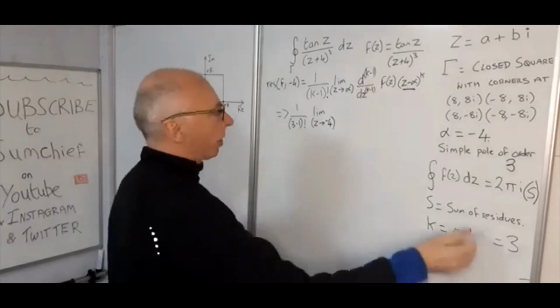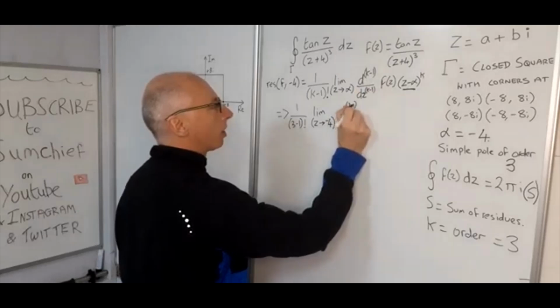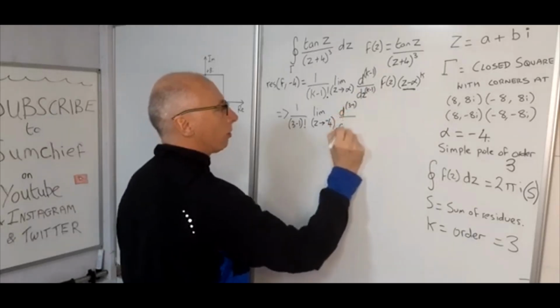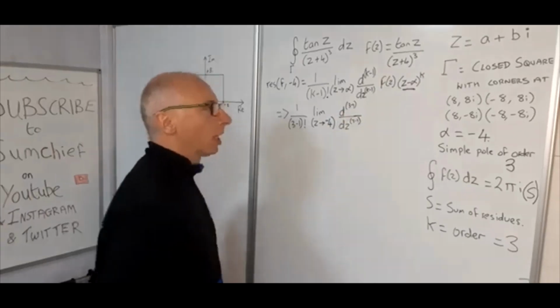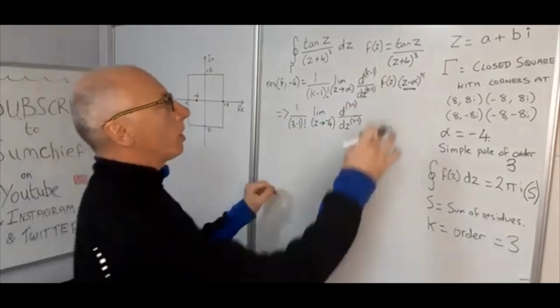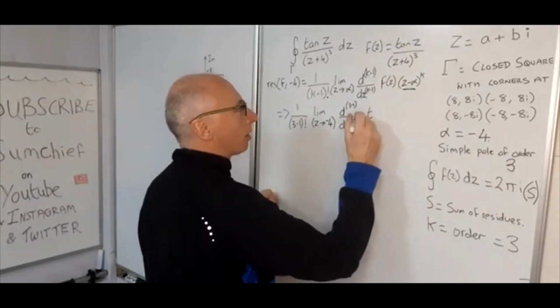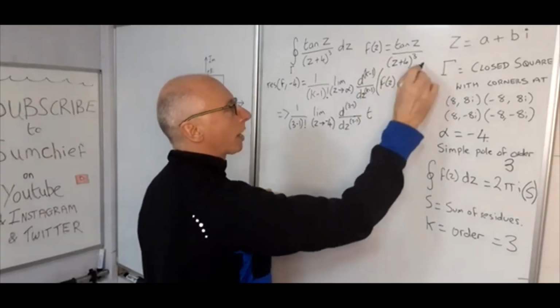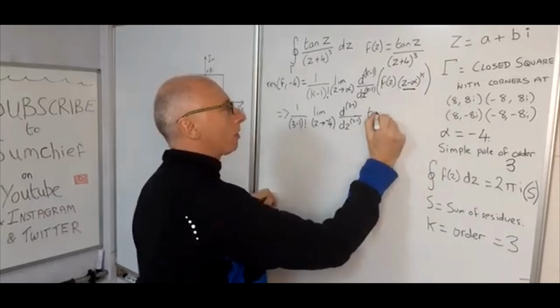K minus 1, so that's 3 minus 1. So I'm going to write that in here, 3 minus 1. With respect to z, 3 minus 1. And then we want our function f of z, which is going to just leave us with tangent z. So I suppose technically I should put a bracket around this, but it's as in multiply, so it's all within the derivative.